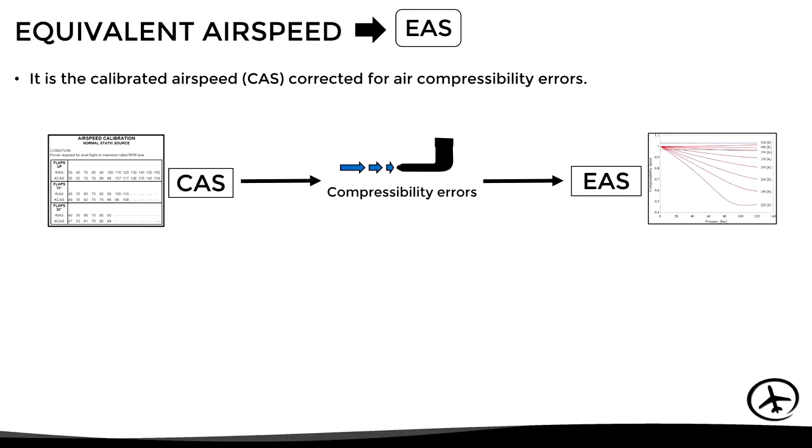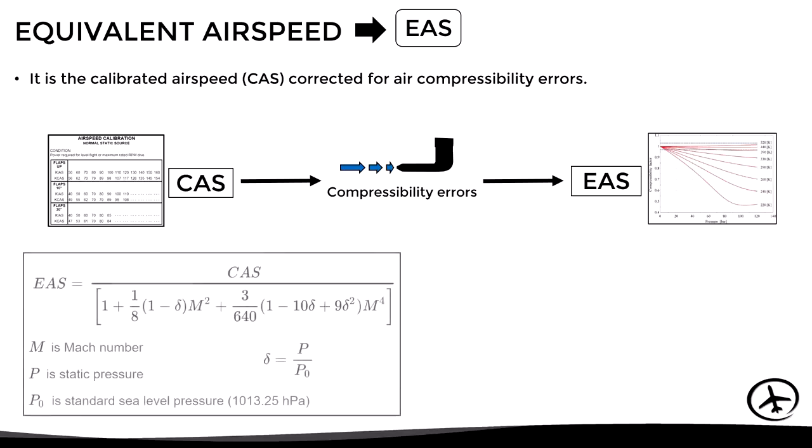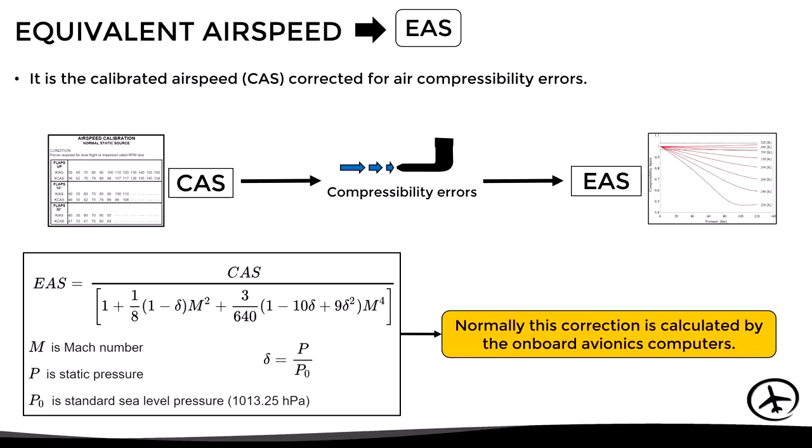Remember that this compressibility error correction is only carried out when flying at high speeds, and the truth is that calculating this correction manually can be a bit complex. That's why normally this correction is automatically calculated in real time by the avionics computers of the aircraft, so the pilot doesn't have to worry about this correction.